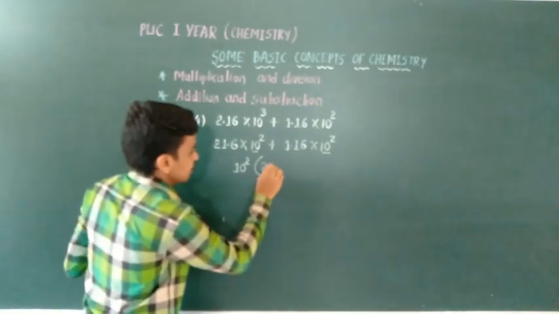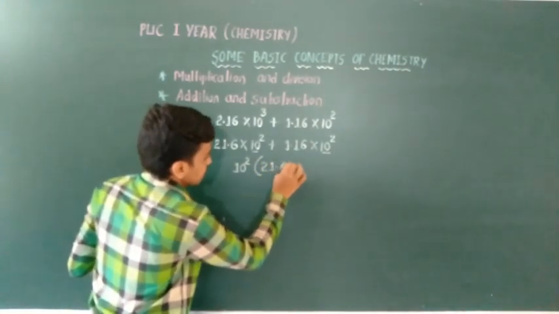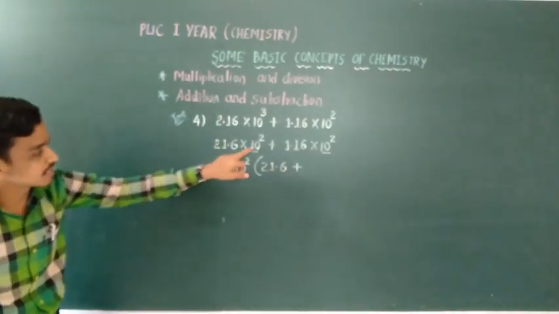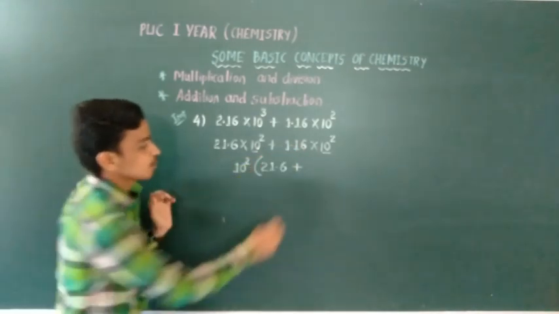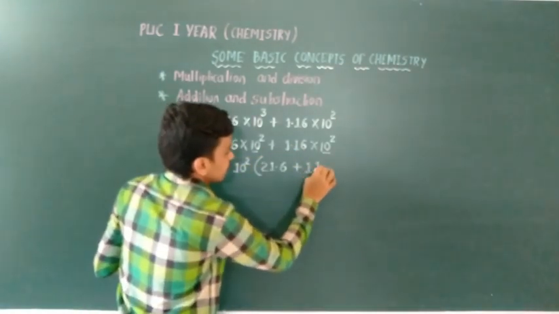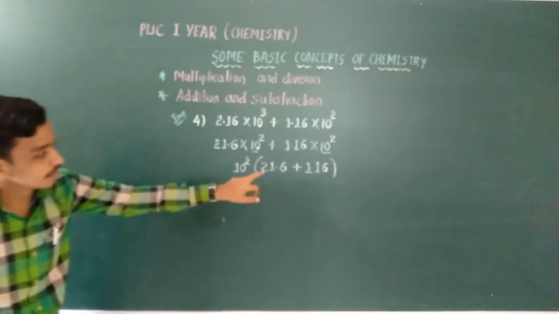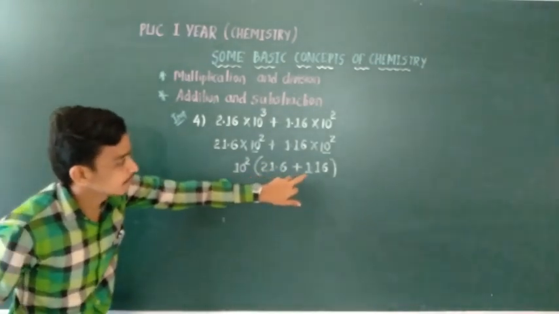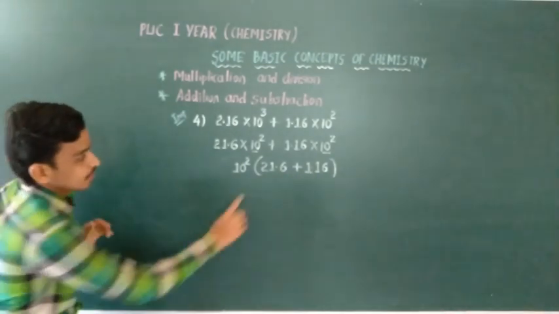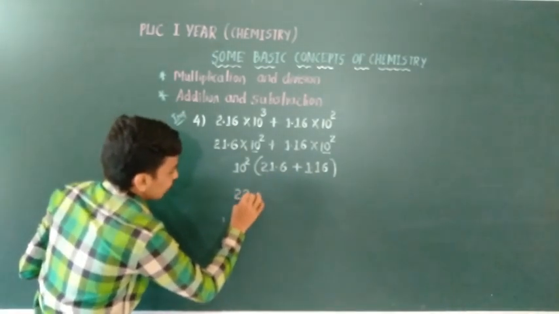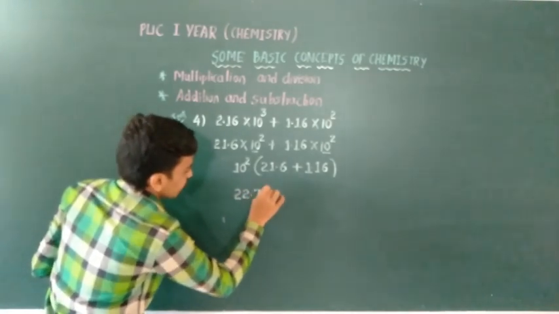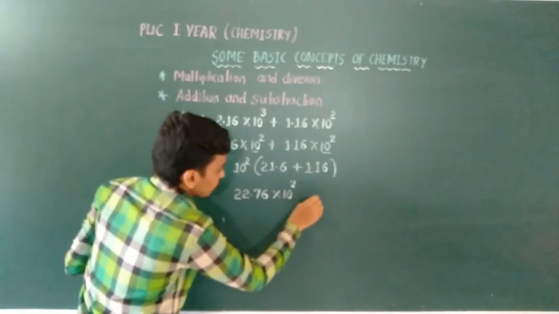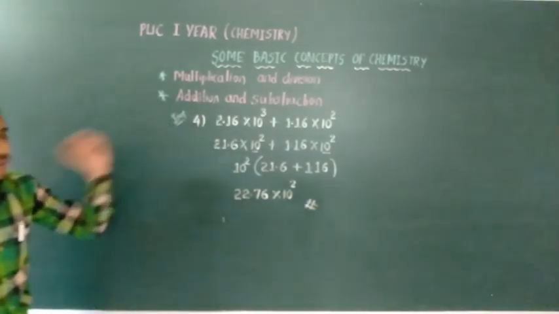It is 21.6 plus 1.16. We add this in a simple calculator: 21.6 plus 1.16. This number we get as 21.76 into 10 to the power of 2, and it is the final answer.